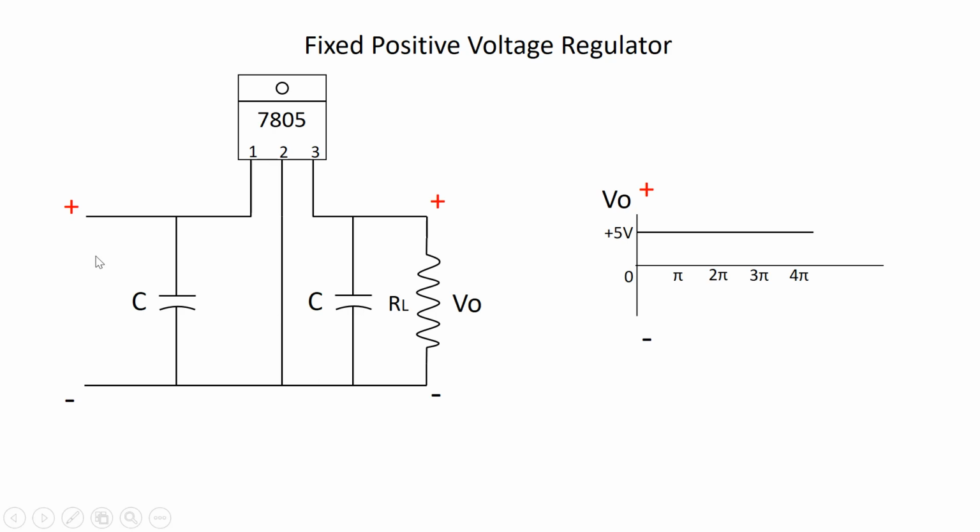The fluctuating voltages from the filter circuit are input to this voltage regulator circuit, wherein this 78 series voltage regulator IC will give a very stable constant DC output voltage to the load circuit. The 7805 is one IC which maintains a constant plus 5 volts output across its output terminals, and the waveform would be like this as shown in the output waveform.